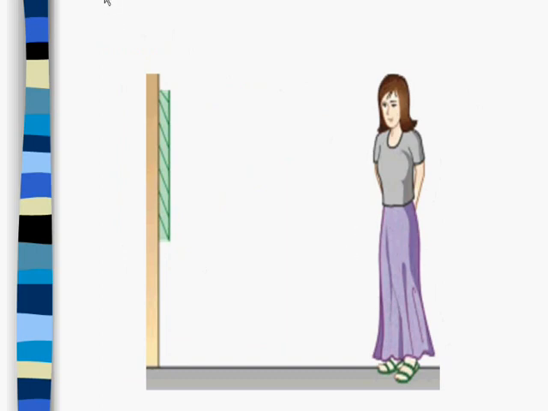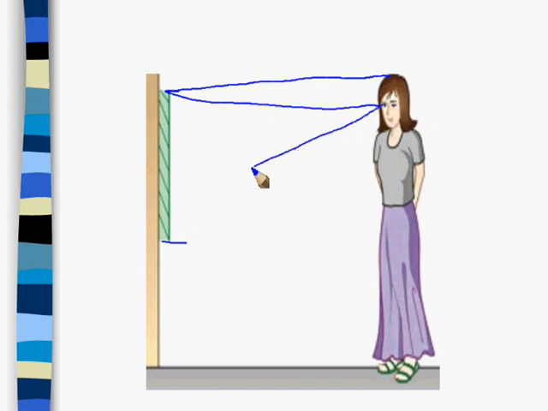Let's conclude what we have discussed in this example. We have discussed that the minimum size of the mirror to see the full image of a person should be at least half of the height of the person looking at his image.